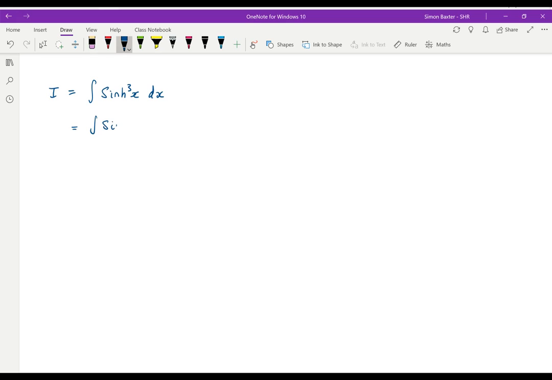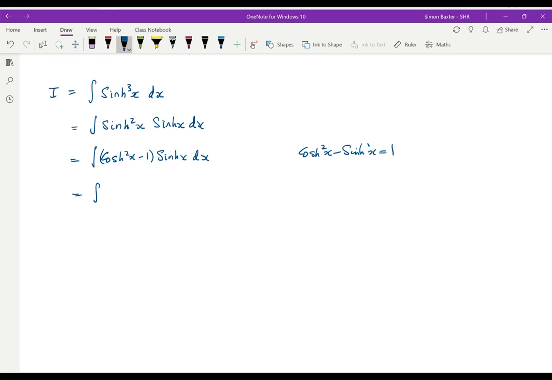I would rewrite this first as sinh squared x times sinh x. Sinh squared, if we remember that cosh squared x minus sinh squared x is 1, then sinh squared x is cosh squared x minus 1, times sinh x dx.